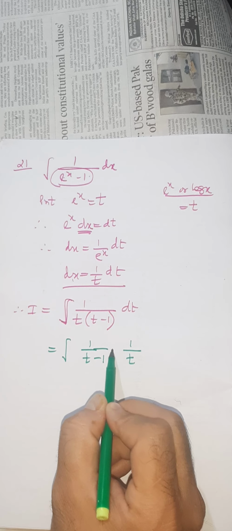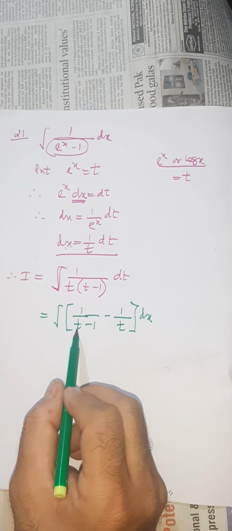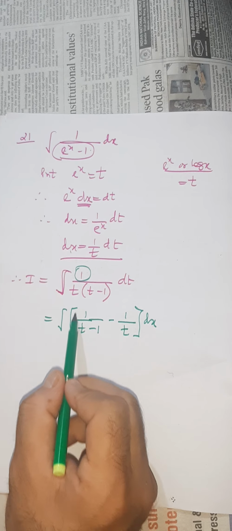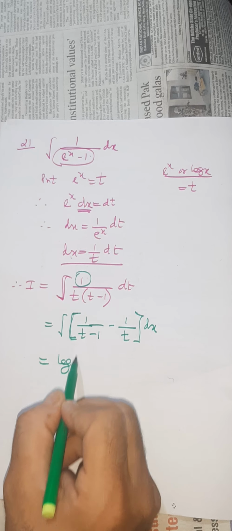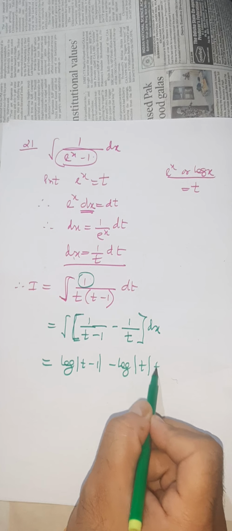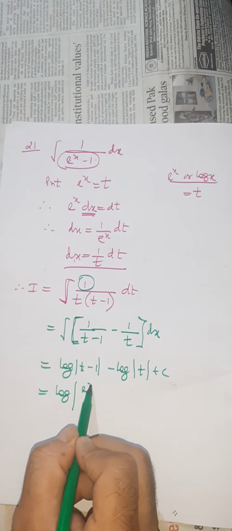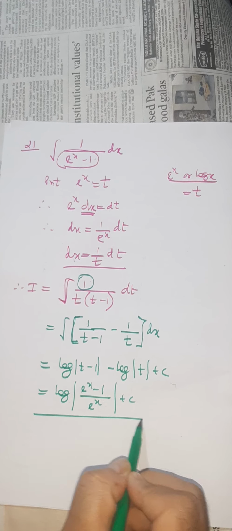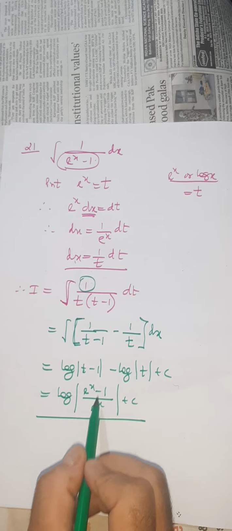I'll keep t here and I'll put minus sign. This is just by trial and error. You do the cross multiplication, you will get exactly 1 here in the numerator. Or you can do by partial fraction method also. What is this? Log of mod of t minus 1 minus log of mod of t. And what is the value of t? That is e raised to x. So e raised to x minus 1 upon t, which is e raised to x plus c. Log x minus log y, which is log of x by y, but t is this, so we have this.